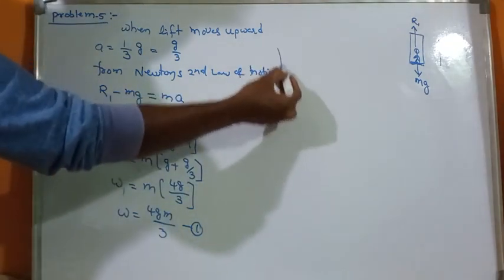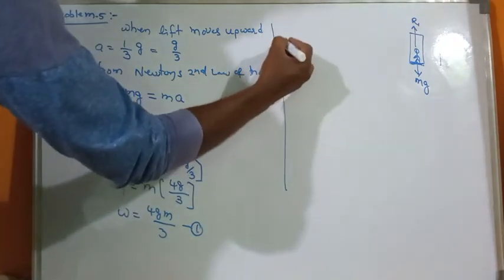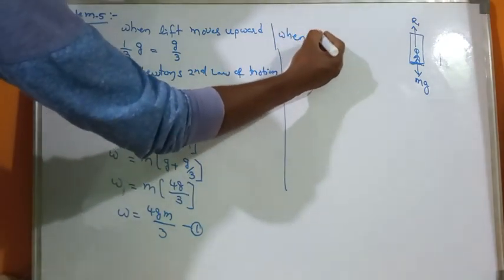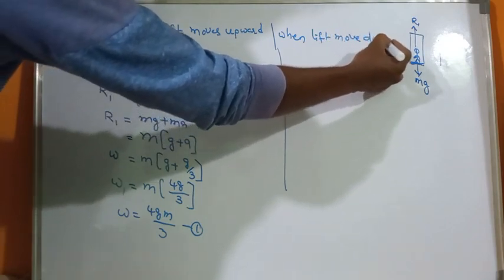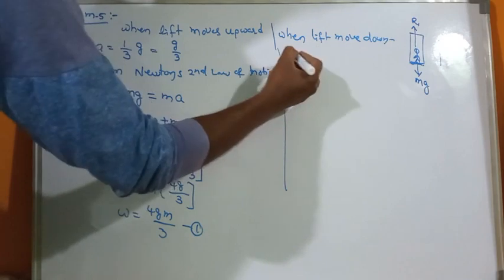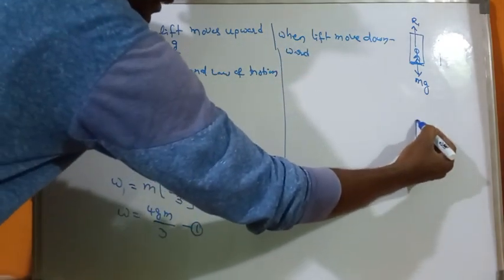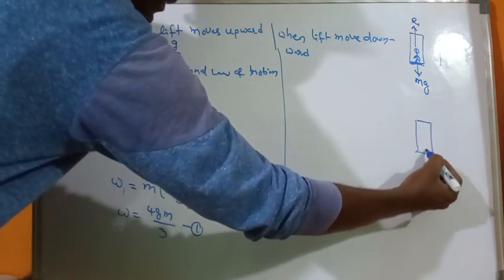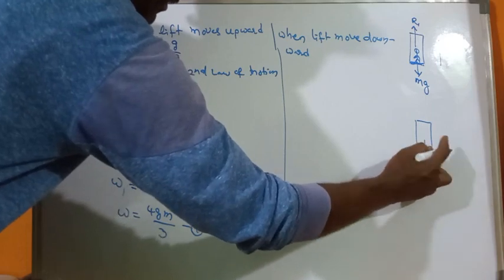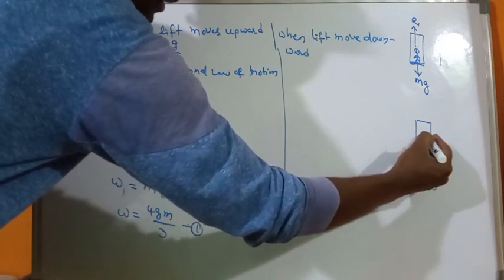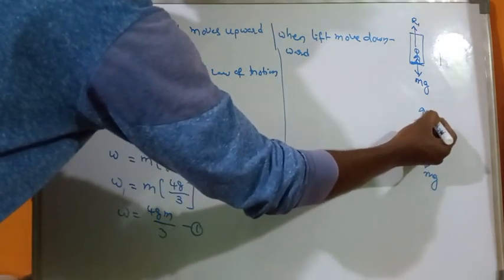Same way, when the lift moves downward, what happens there? Here this is our lift, the weight is acting downward, and the man is standing here in the lift, and the normal reaction is always upward.